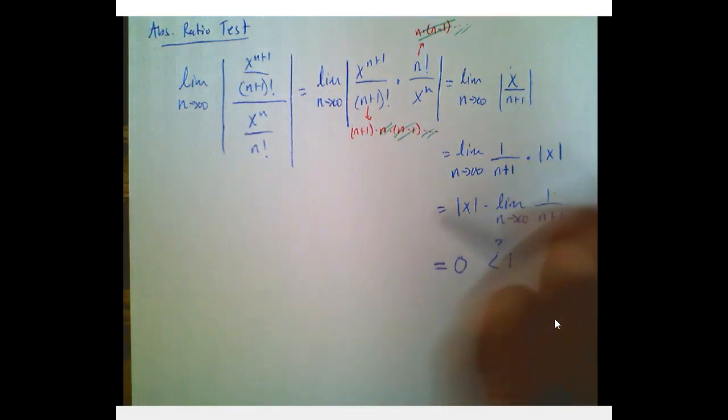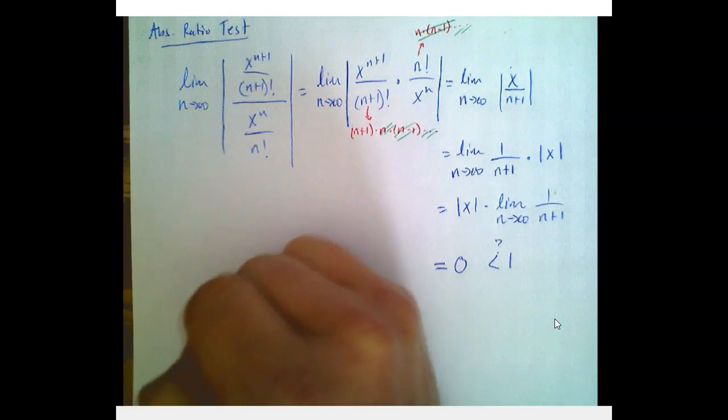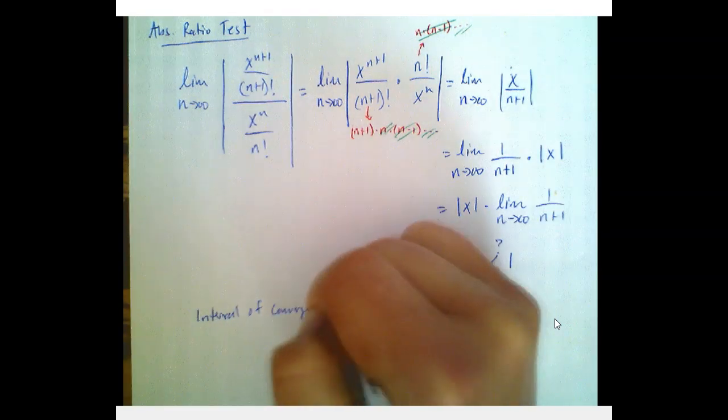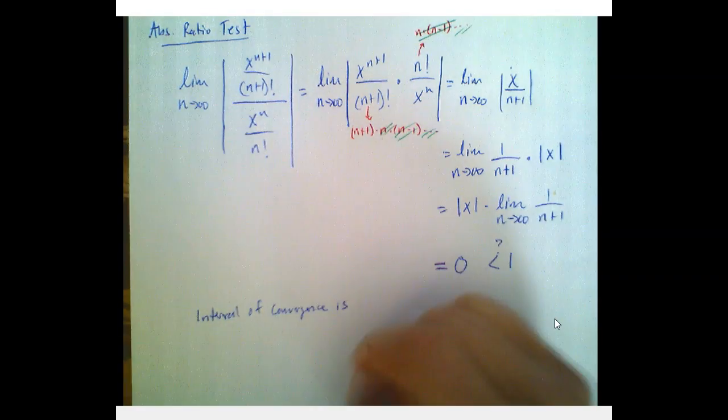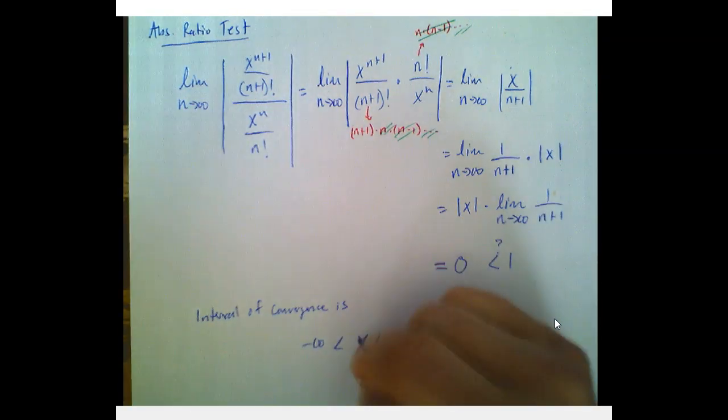So here, our interval of convergence is negative infinity to positive infinity, for all values of x, right?